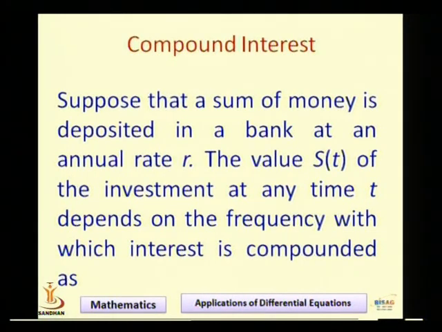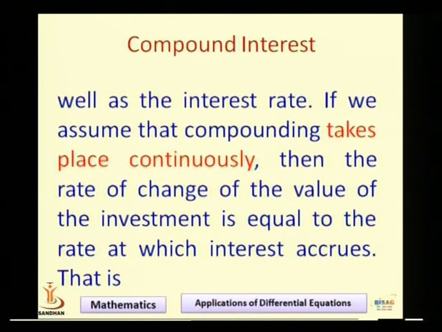Then the value S(t) of the investment at any time t depends on the frequency with which interest is compounded as well as the rate of interest. Now, if we assume that the compounding takes place continuously, that assumption is needed if I want to use the derivatives. So, that is why I have highlighted. It is taking place in a continuous manner.